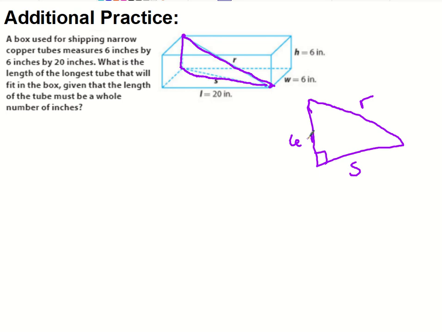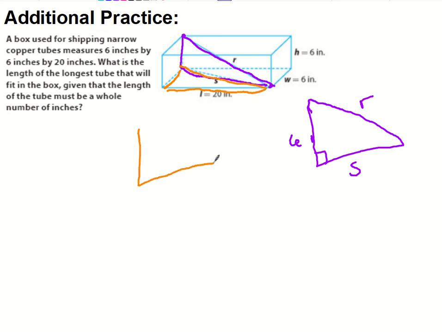But what I could do is notice S right here. If I notice S is the hypotenuse of another right triangle, so this is two problems in one. This rectangular box right here also contains a right triangle.